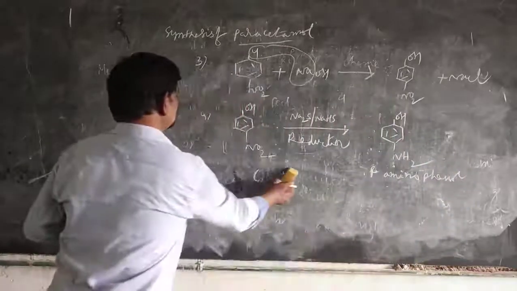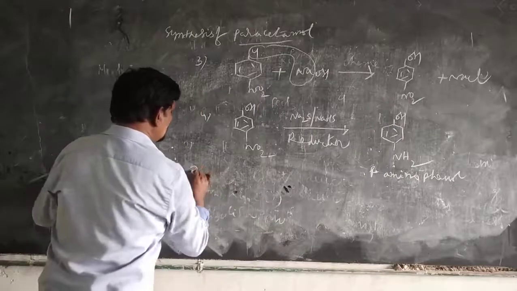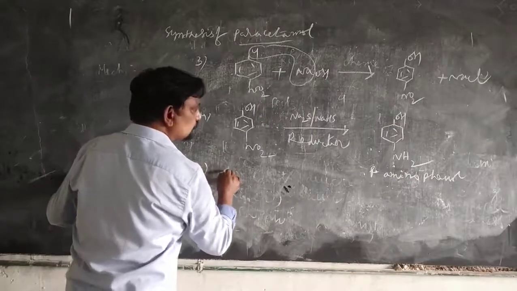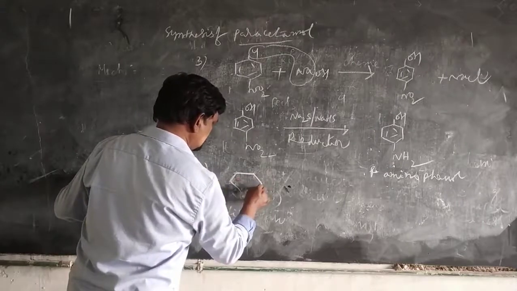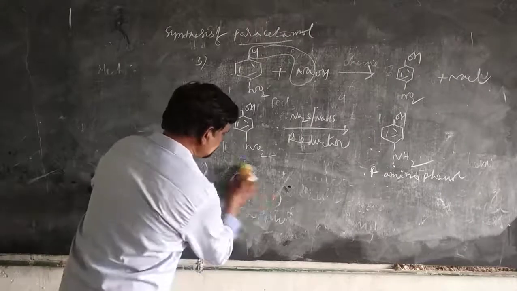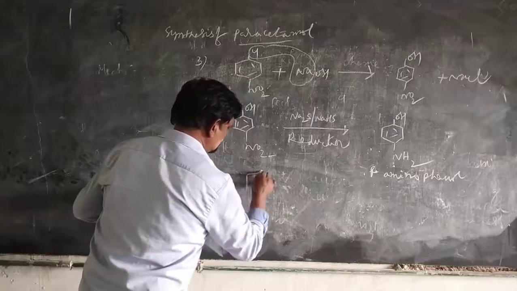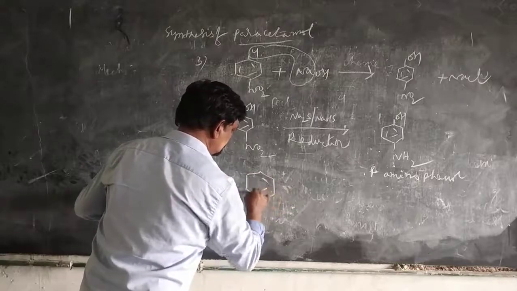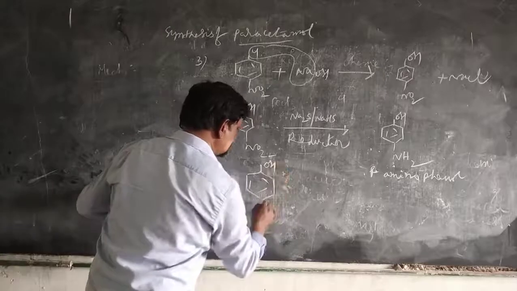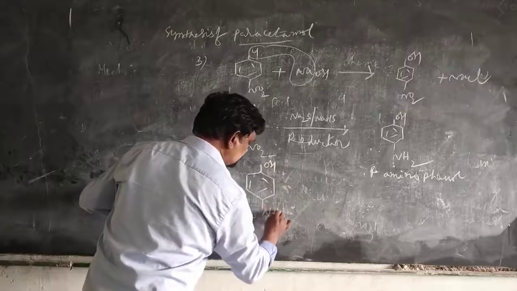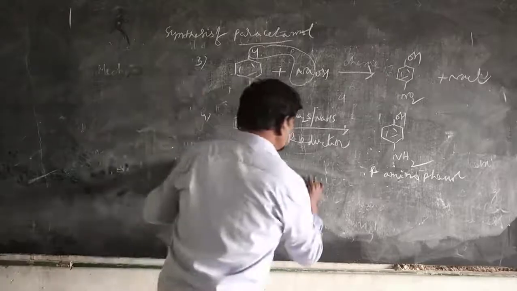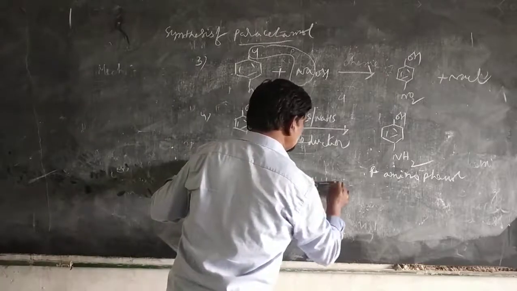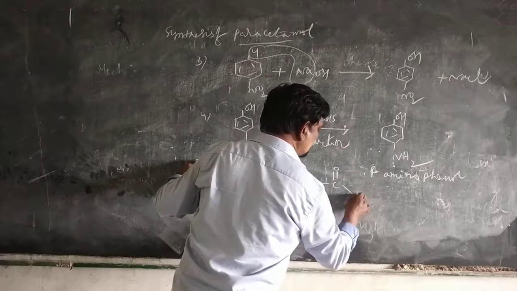And next, para-aminophenol, with OH group and NH2 group, is treated with acetic anhydride.